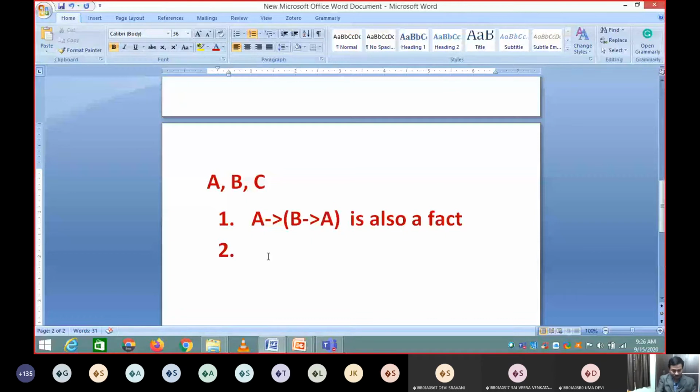And if you have something like this, this is a rule that I have written. I write not B, and now I will write C. If this is there, then implication A to C is also a fact.